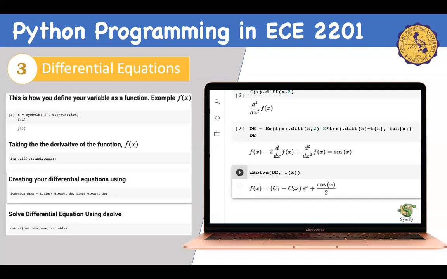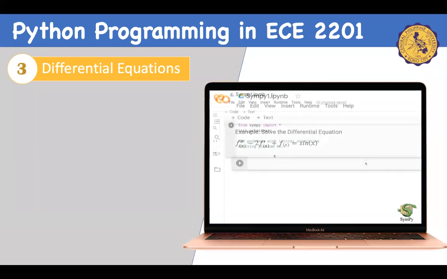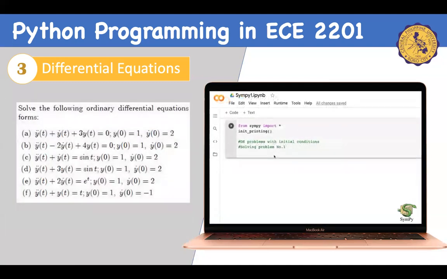Now let's proceed to the next problem. This time we will be solving the problems shown there. Here we are going to solve the ordinary differential equation, but this time using initial conditions.